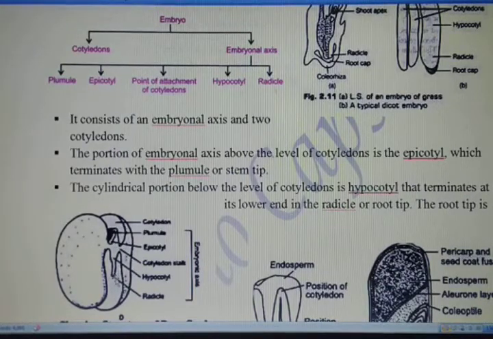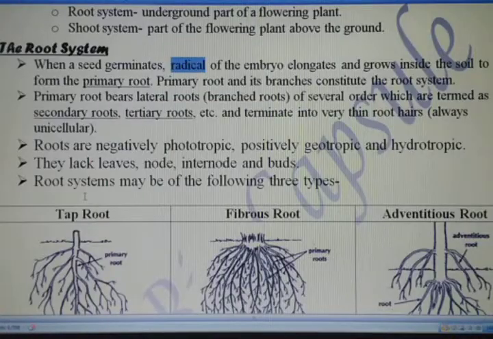At the extreme lower part is the radicle. The extreme upper part is the plumule, and between the plumule and the point of attachment is the epicotyl, and between the radicle and the point of attachment is the hypocotyl.